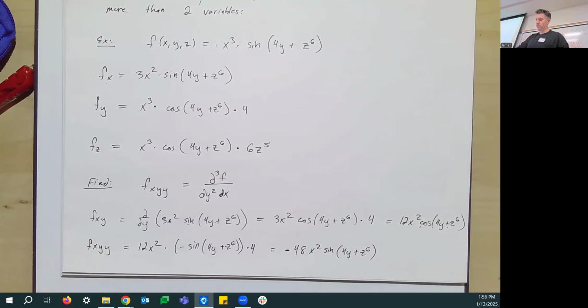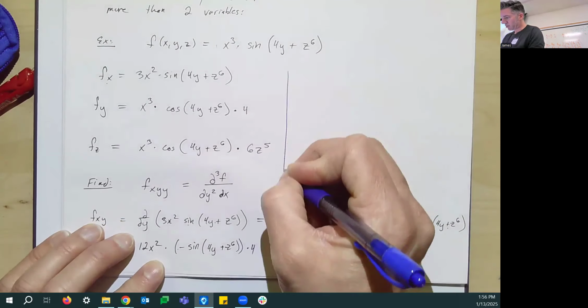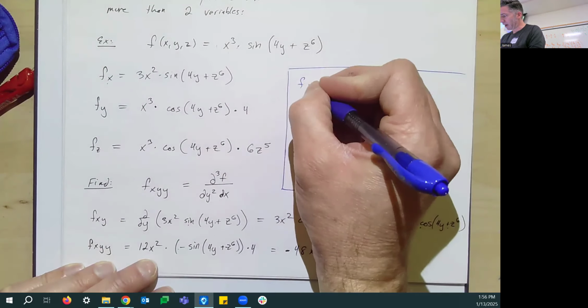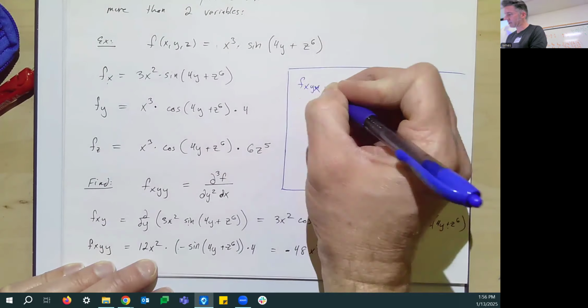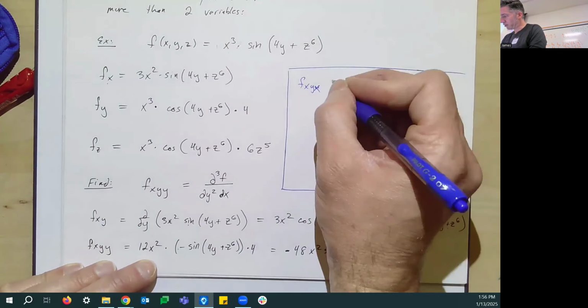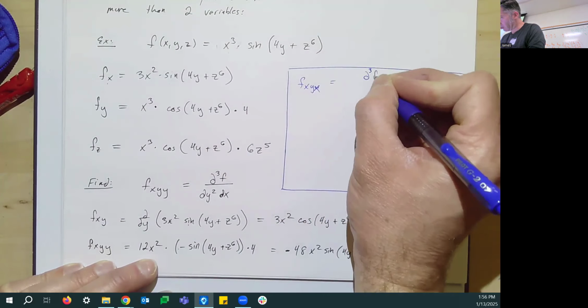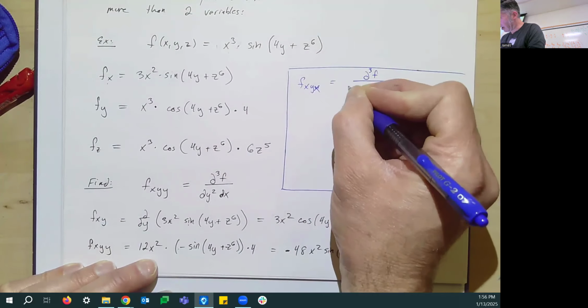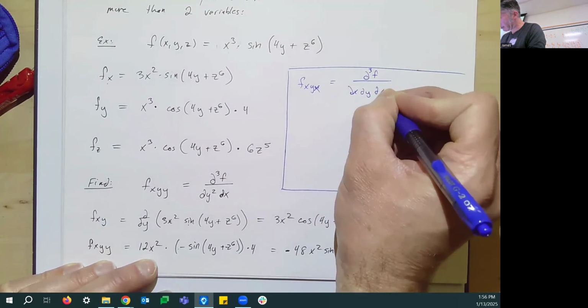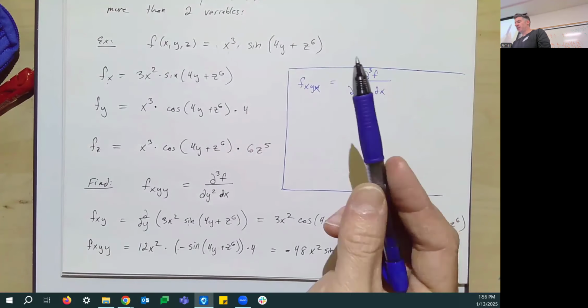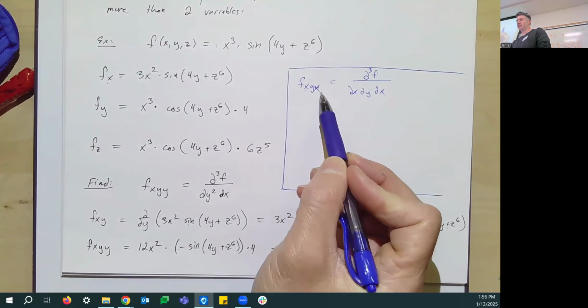Here's a good question. What if instead we've been asked to find f_xyx? Or if you prefer, which you shouldn't prefer because no one prefers, ∂³f/∂x∂y∂x. I find this notation especially confusing because this means x first, y second, x third.